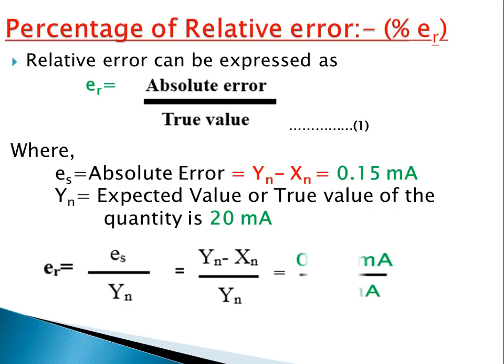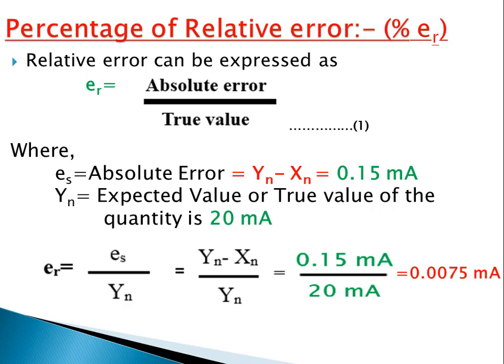Substitute the values here. You will get 0.15 divided by 20. Now after calculation, the value for relative error er becomes 0.0075. This is how we can find the value of relative error.